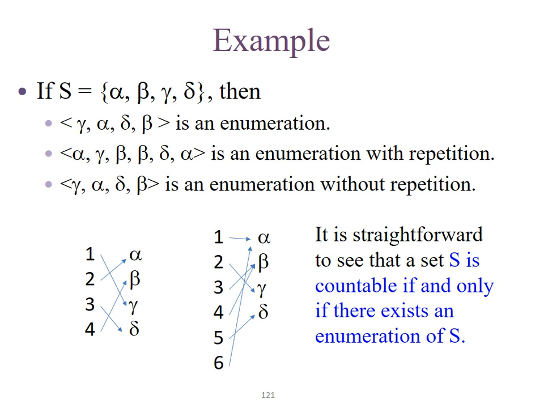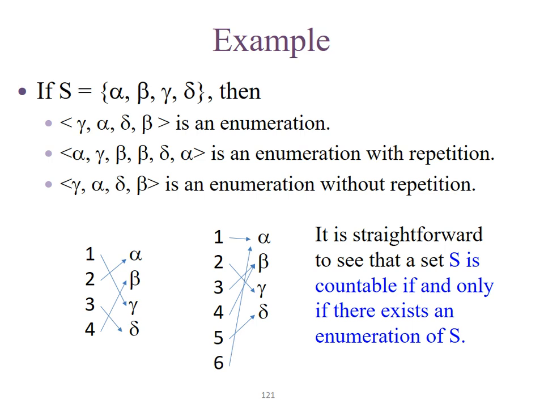When we have repeating patterns, you can also map 1 to 6 onto this set. Then 1 is alpha, 2 is gamma, then we have beta, delta, and alpha. So compared to the original set S, this is an enumeration with repetition.